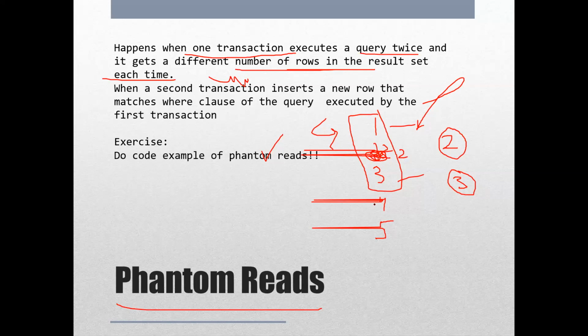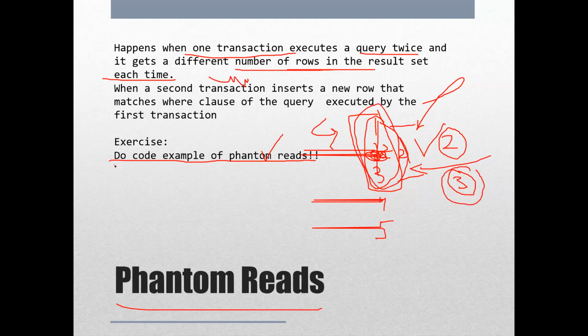Now I would love all of you to write a code example for phantom reads. Again, we have to read records, and maybe you can count the number of rows from 1 to 3 or anything, and come up with a value. For example, the first time you get 2, then you run another transaction, maybe in another window, that inserts a value 2 in between, and then you do that counting again and come up with 3.